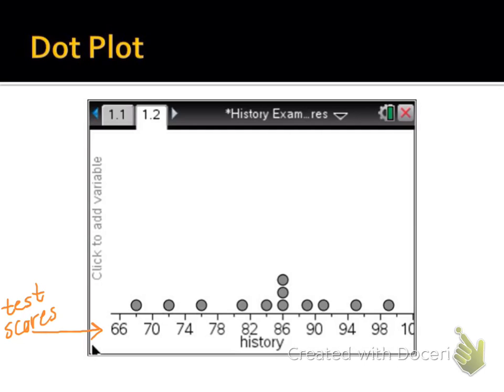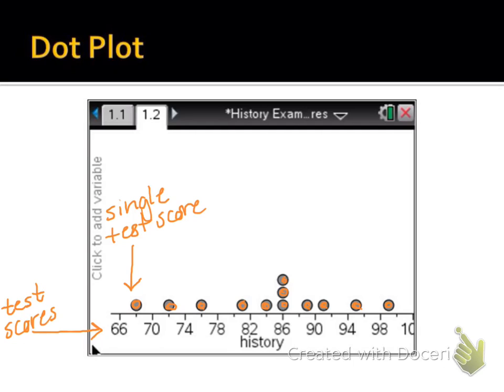Okay, and then each of these dots represents a single test score. So we mentioned that there were 12 test scores, and you'll see there's 1, 2, 3, 4, 5, 6, 7, 8, 9, 10, 11, 12 dots here in our dot plot. So each dot represents a score, and each placement of the dot tells us what the score is.